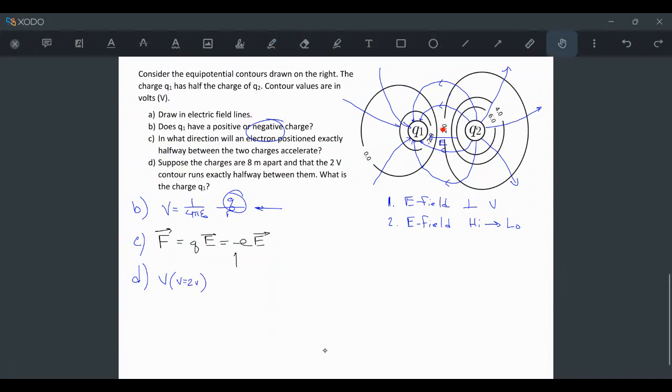So at that point in the middle, it's just equal to the potential from charge 1 plus the potential from charge 2. We don't have to worry about how they combine in different angles, and is it a perfectly horizontal line between them, or is there some sort of Y component and X component that we have to consider? None of that. We just get to add them up. It's super straightforward.